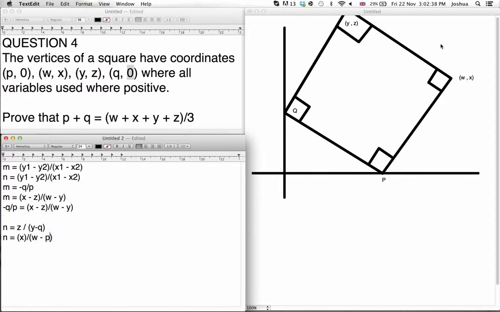That should be right. And let's just check it this way as well. Z minus 0, y minus q. Yeah, that works. And again, we know that these are equal. Hooray! Somewhat hooray. So let's just copy, paste. It's equal to this one. Good.